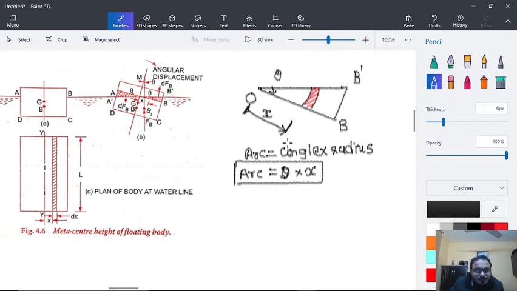And now here the area, as we can see that the thickness over here is dx. So it can be seen in this way that let me redraw this part over here in slightly enlarged way.